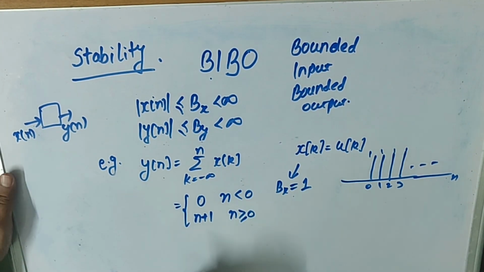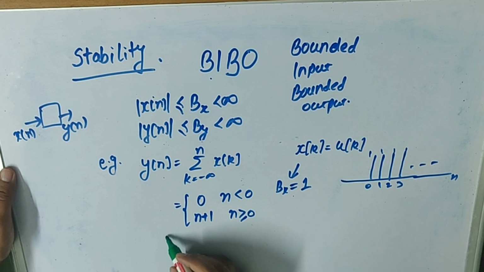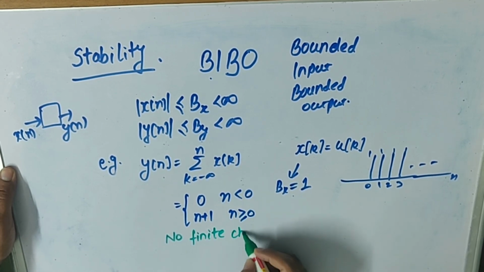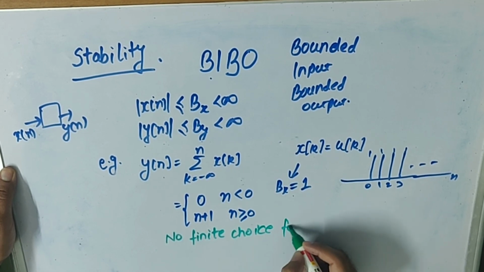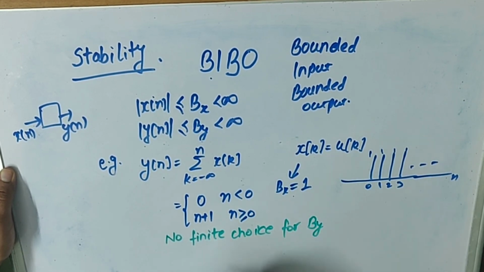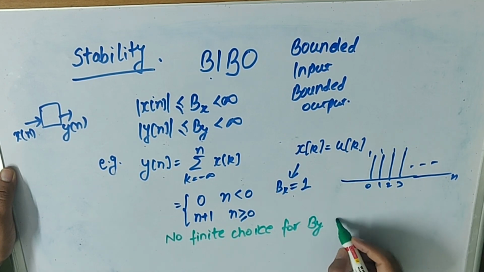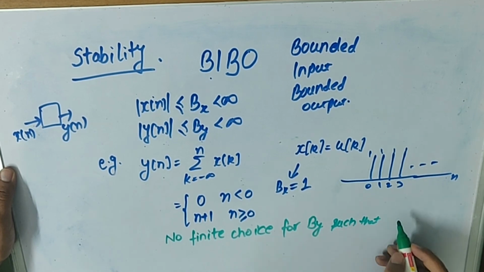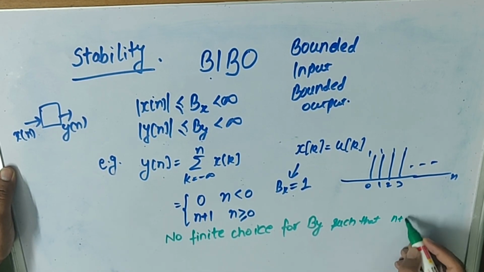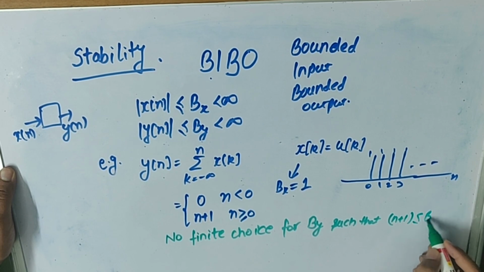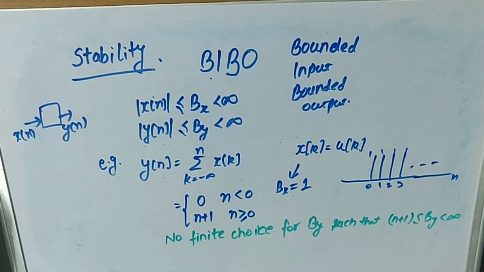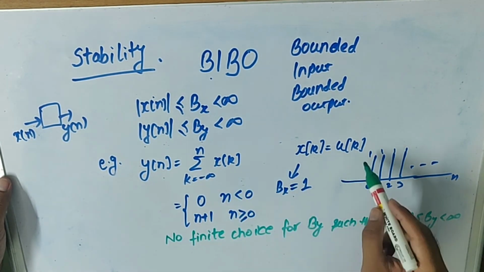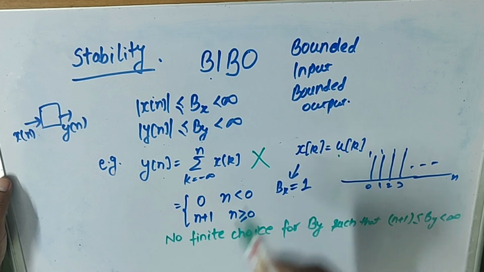The answer is no. There is no finite choice for By such that n plus 1 is less than or equal to By. So this accumulator system for this particular input is not stable.